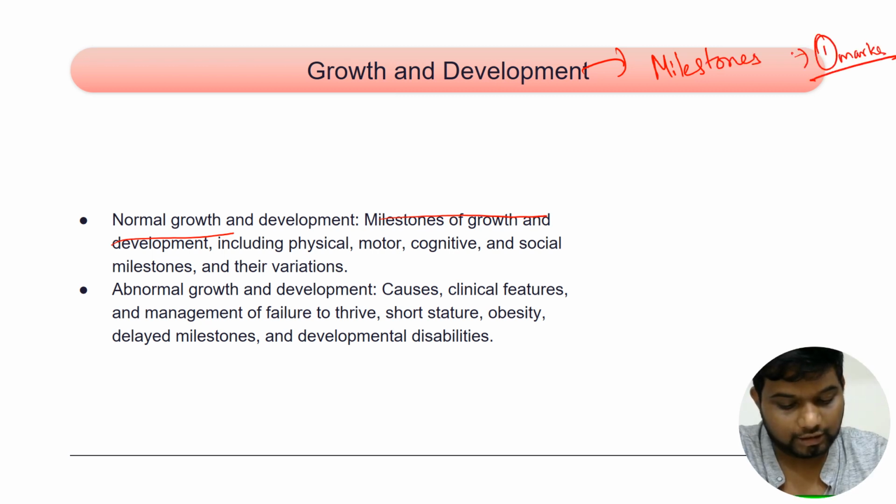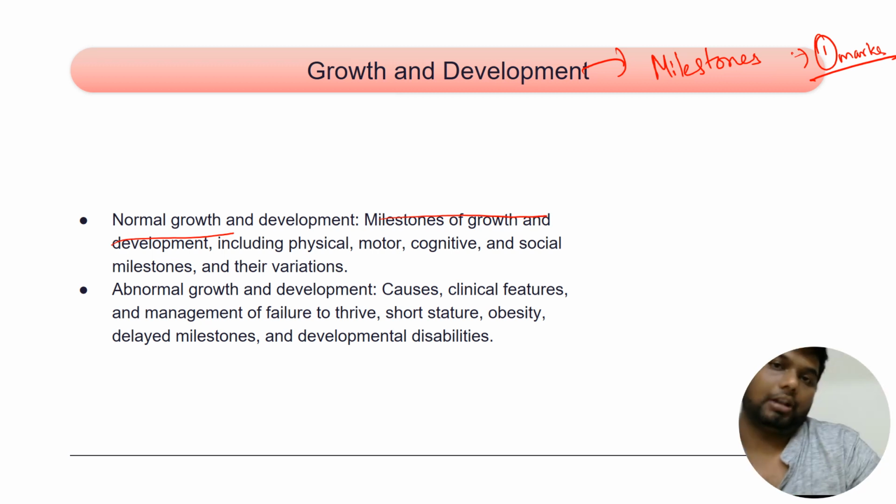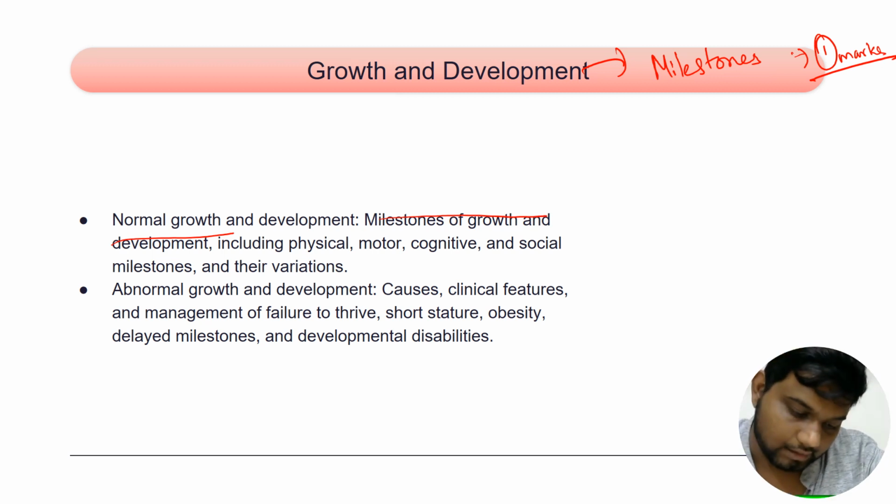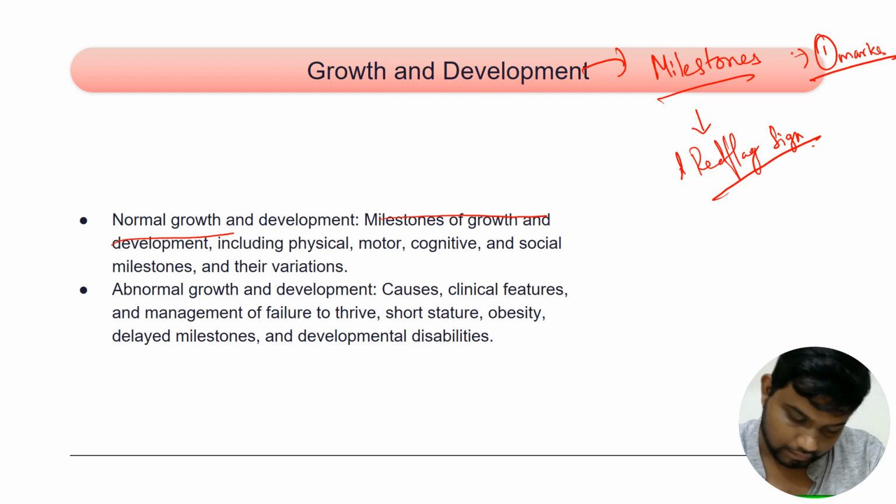Definitely you may get it either from the normal milestone or abnormal milestones like red flag signs. Okay, so understanding a normal milestone signs, so I help you to read all those things.